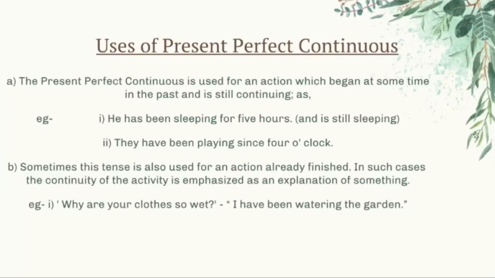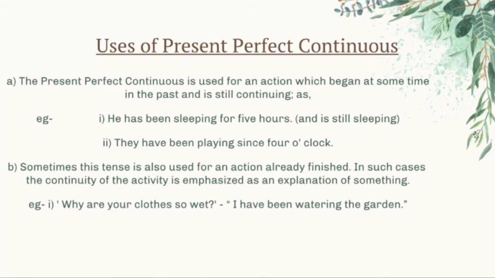Now, uses of the perfect continuous tense. The present perfect continuous is used for an action which began at some time in the past and it is still continuing. For example, he has been sleeping for 5 hours and he is still sleeping.